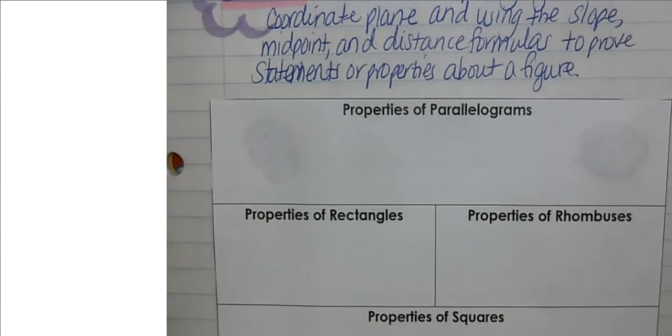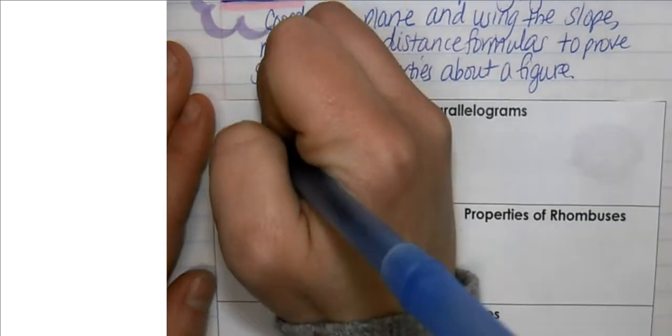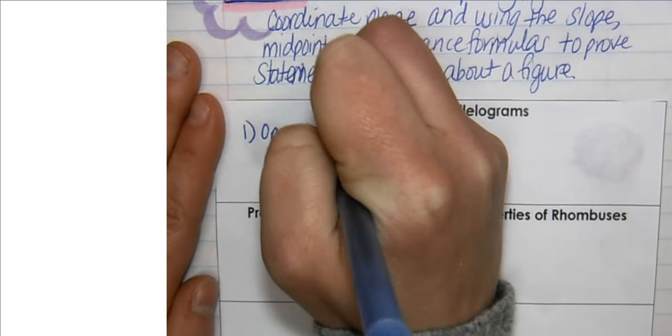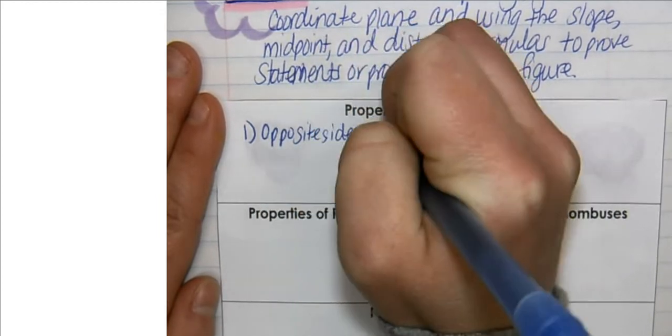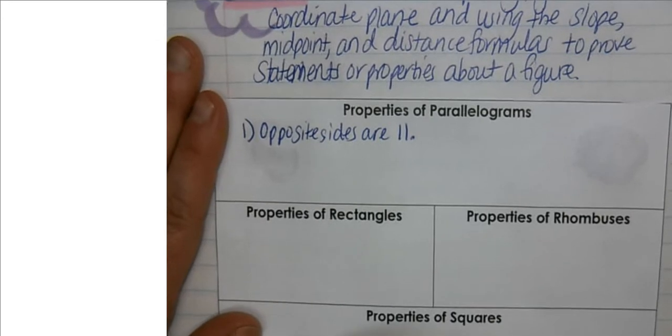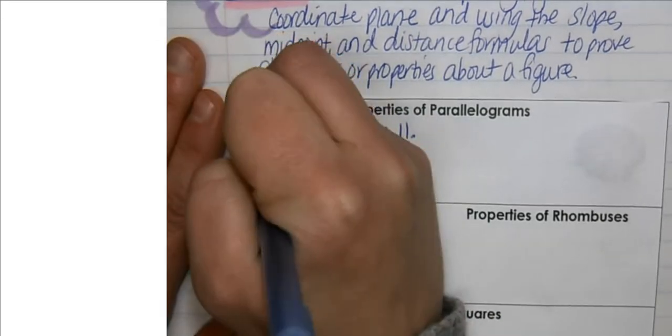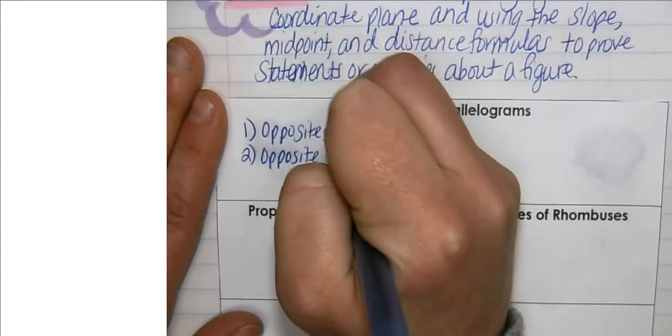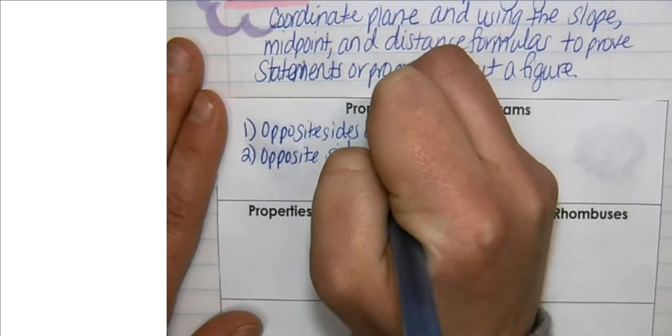So the first property of parallelograms is that opposite sides are parallel. I'm going to use the symbol for parallel. The second one is that opposite sides are congruent.